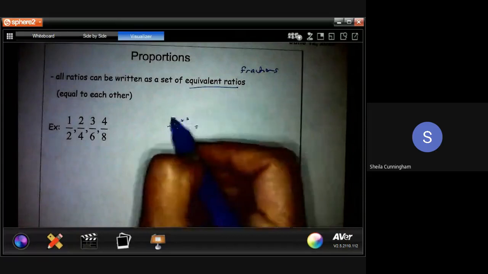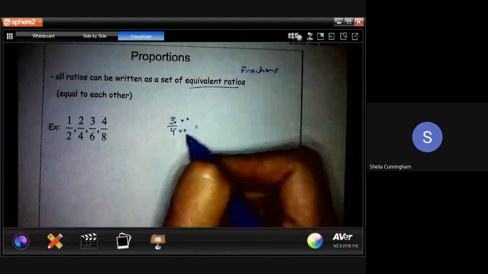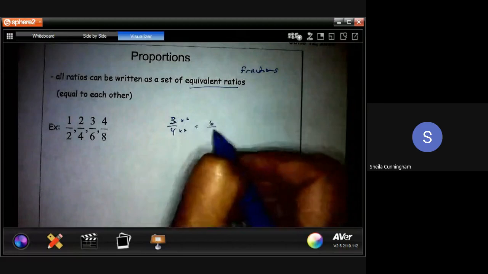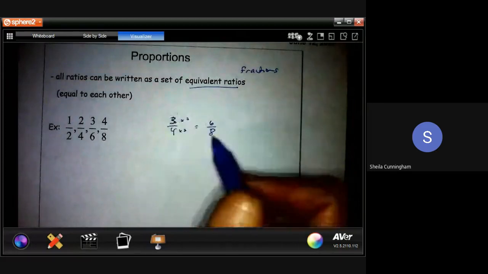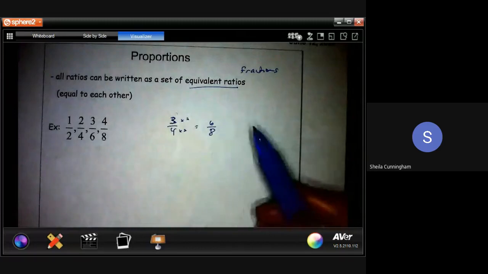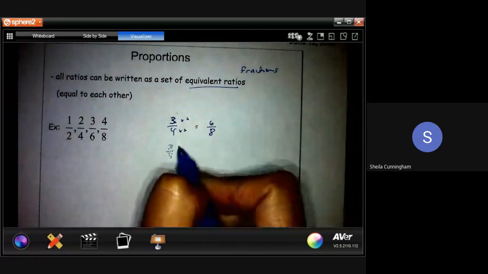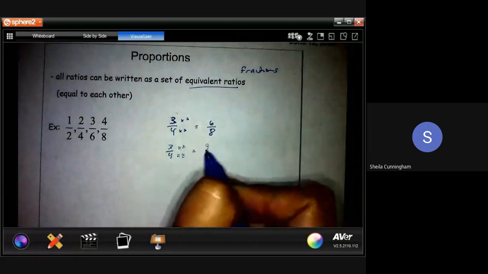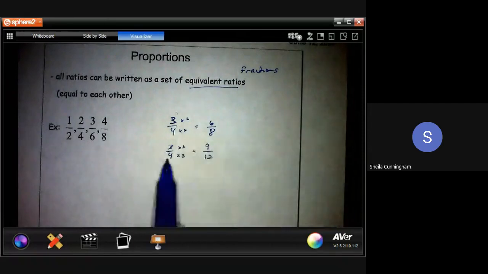If we started with a fraction of 3/4, and I multiplied the top and bottom by 2, I would get 6/8. So 3/4 and 6/8 are equivalent ratios. I could multiply 3/4 by 3, top and bottom, and I would get 9/12. So 3/4 and 9/12 are equivalent ratios.